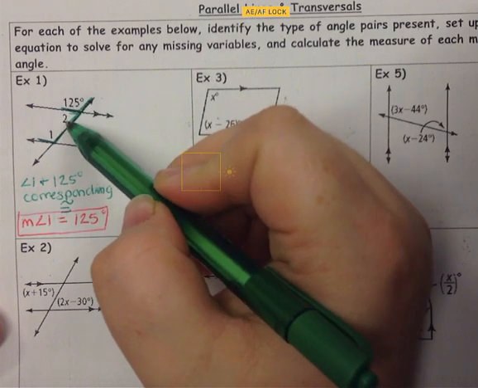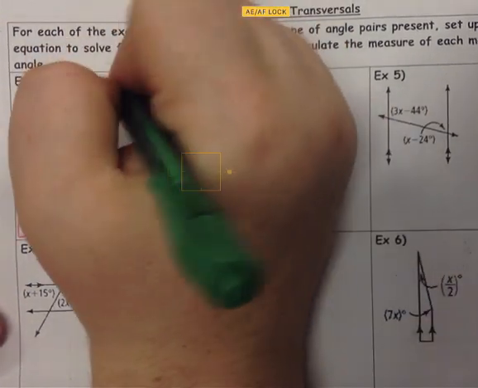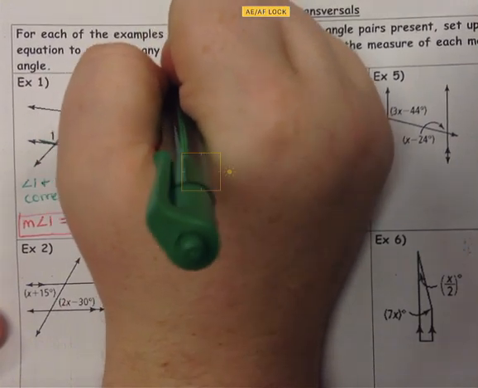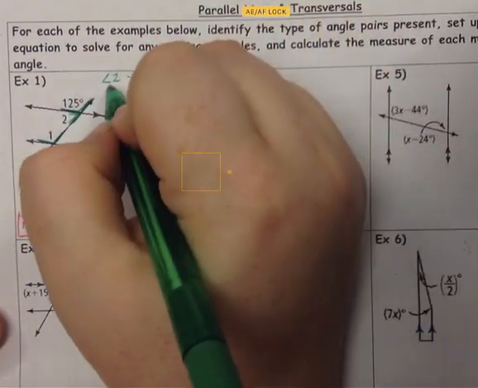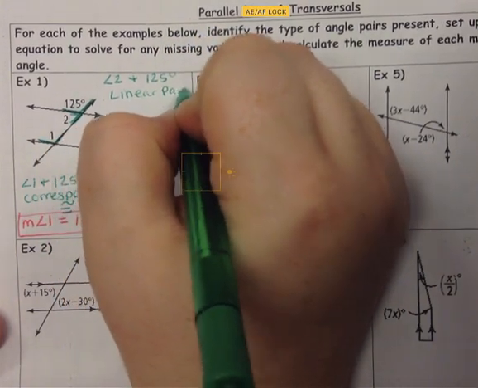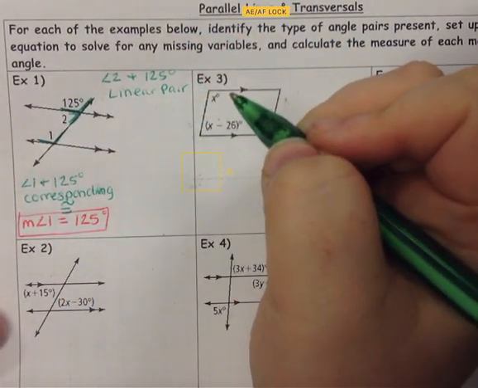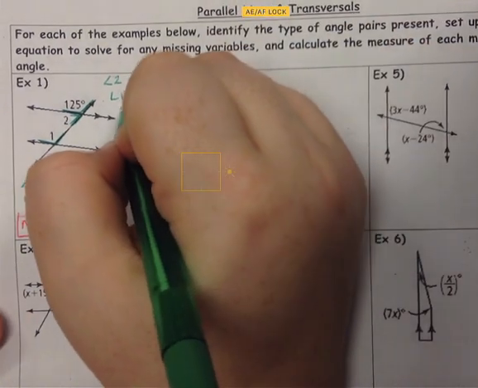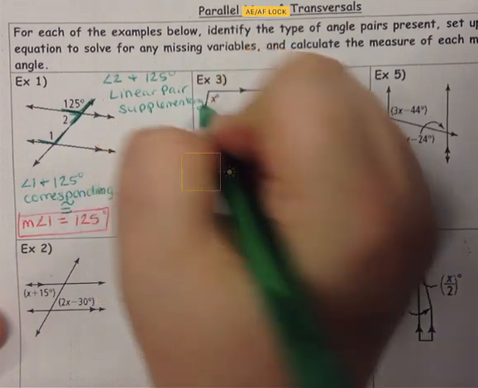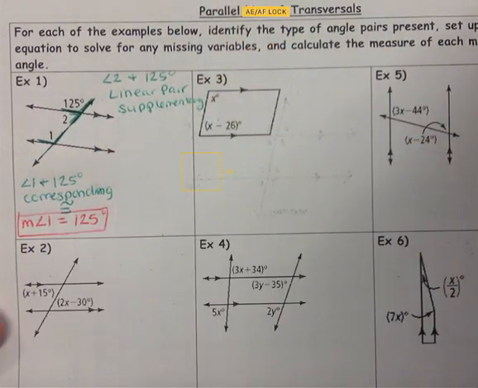These are considered a linear pair. So angle 2 and the 125 degrees are called a linear pair. The numerical relationship between a linear pair is that they are supplementary to each other.